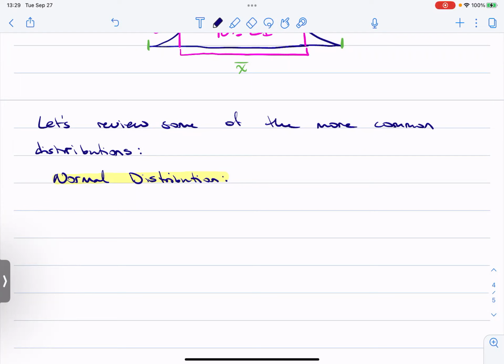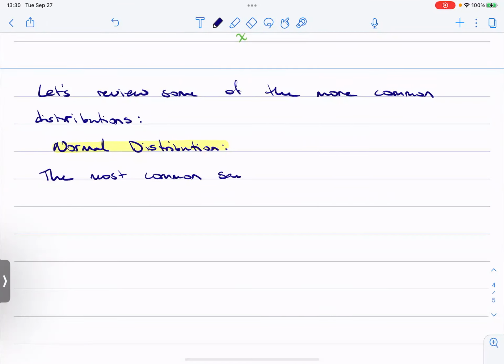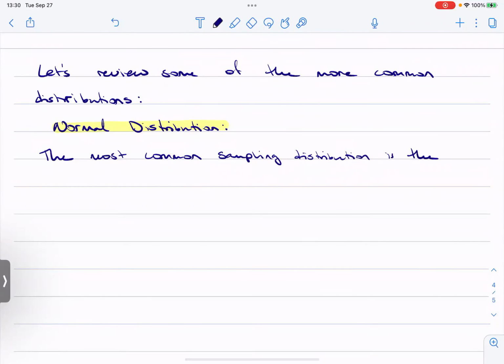And so it was a good kind of solution. The most common sampling distribution is the normal distribution.